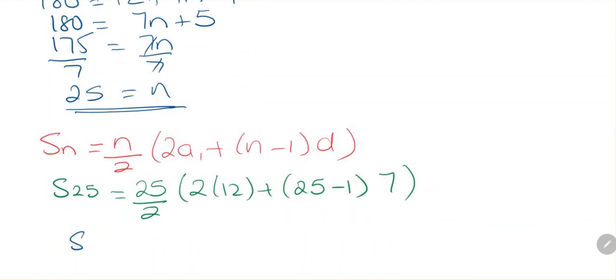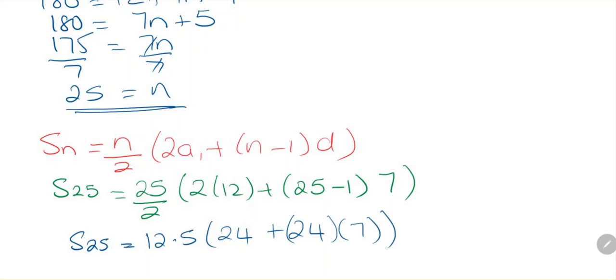So the sum of the 25 terms. 25 divided by 2 is 12.5, so I'll leave it as 12.5 for a second. 2 times 12 is 24, plus 25 minus 1, which is 24, times 7.